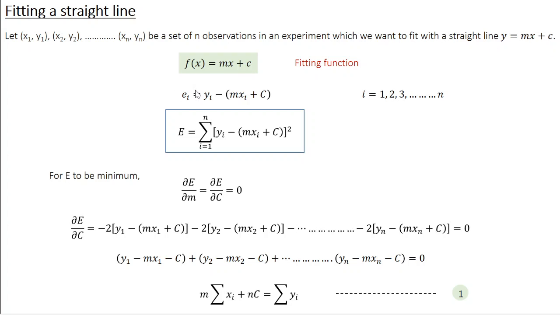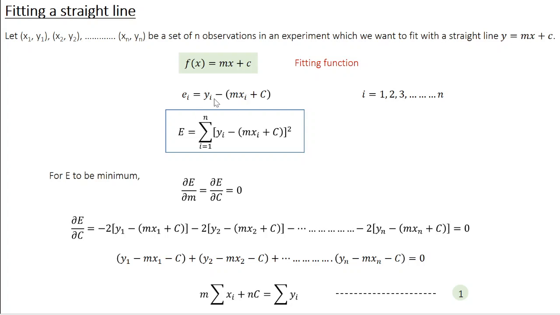So your fitting function f of x is nothing but mx plus c. Now you have the experimental data. You also have the theoretical data, because you plug in the values of x and you can get the theoretical values of y. So there are two types of y values, experimental y and theoretical y.